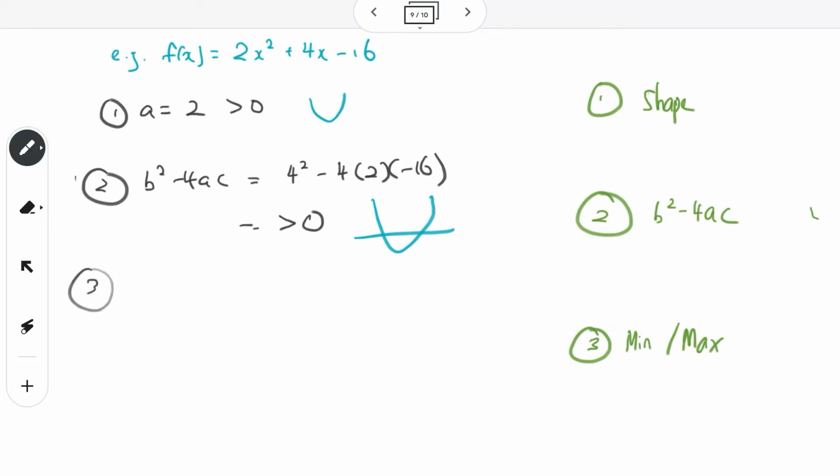The next step is to determine the minimum or maximum point by completing the square.